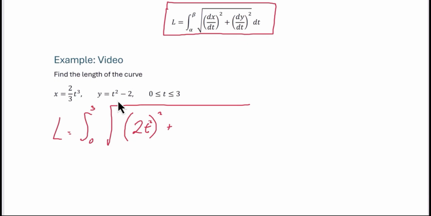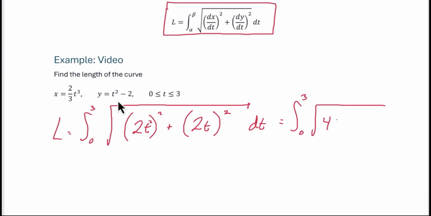That is 2t, and we'll square that one, dt. From here we'll simplify. We have the integral from 0 to 3, square root of 4t to the 4th plus 4t squared dt.